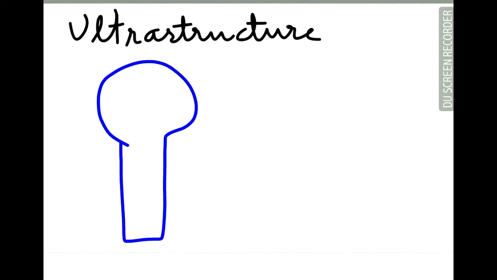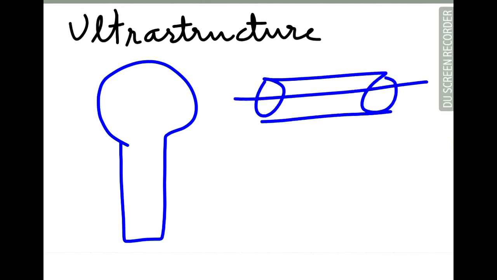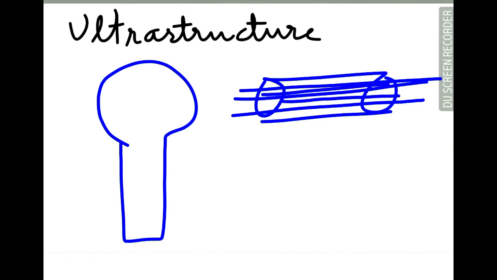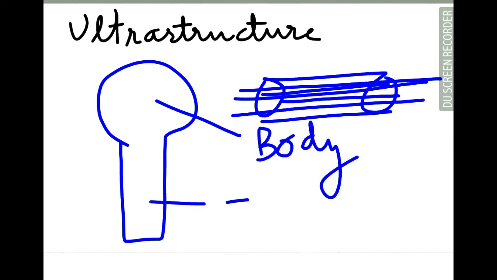If an enamel rod is cut in a longitudinal section along its length and viewed under electron microscopy, the section passes through the head of one rod and the tail of another rod, which gives rise to the keyhole appearance. This part of the keyhole is called the body, and this part is called the tail.